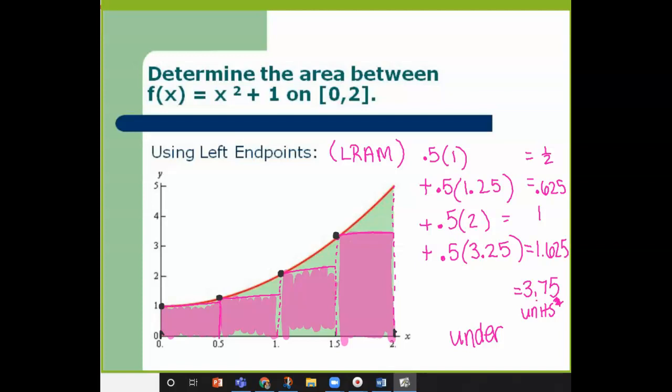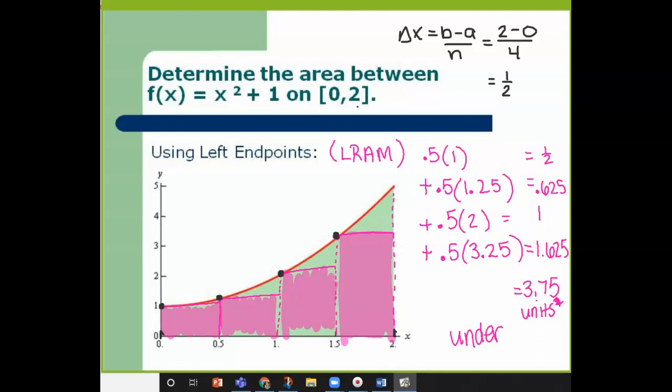So to find the distance that intervals occur at, we're going to use a formula called delta x equals b minus a divided by n, where b is how far out into your interval you go, a is where you begin, and n is the number of rectangles we're creating. So that makes my delta x 1/2 or 0.5.